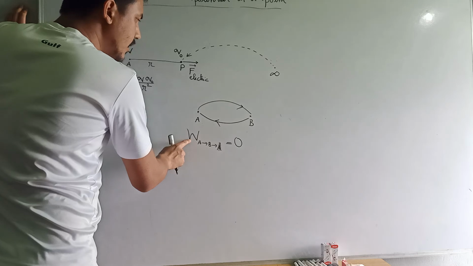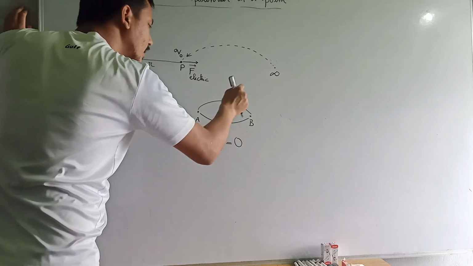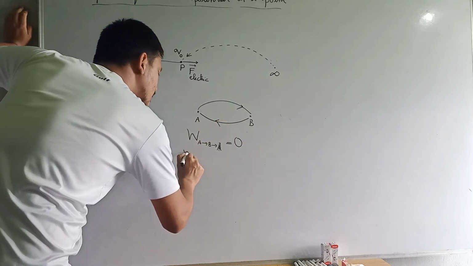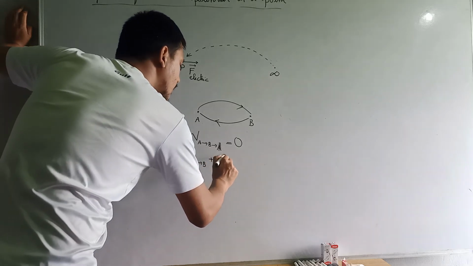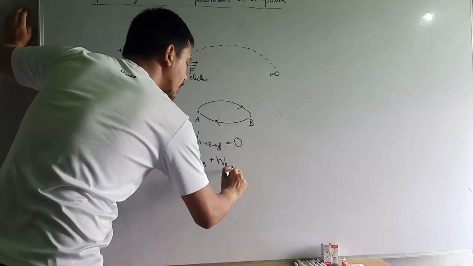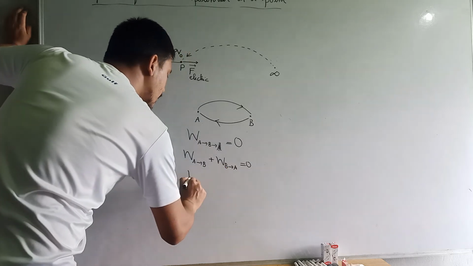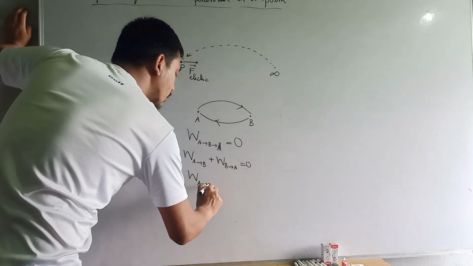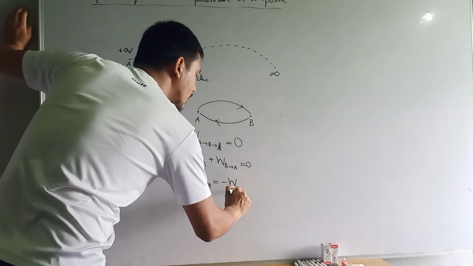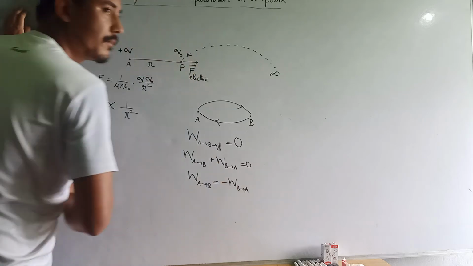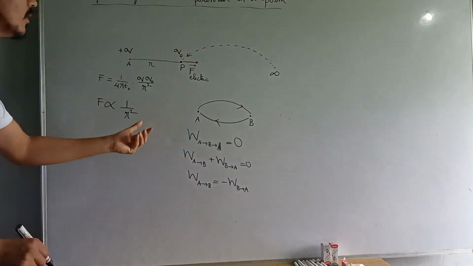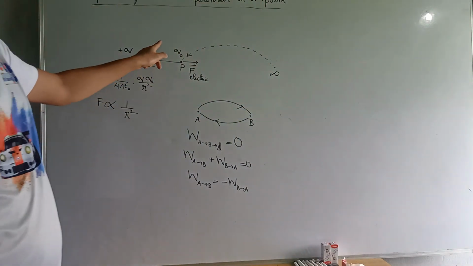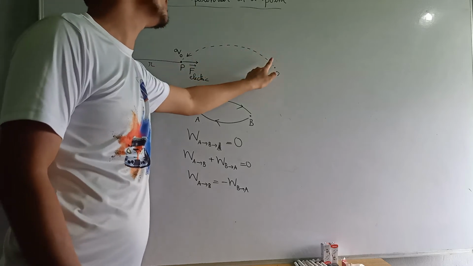Now total work done in taking the body from A to B and then B to A can also be expressed as work done from A to B plus work done from B to A. So that means work done in taking the body from A to B will be the negative of the work done from B to A. Since we are not able to bring it from infinity to P, we will find the work done in taking this test charge from P to infinity.